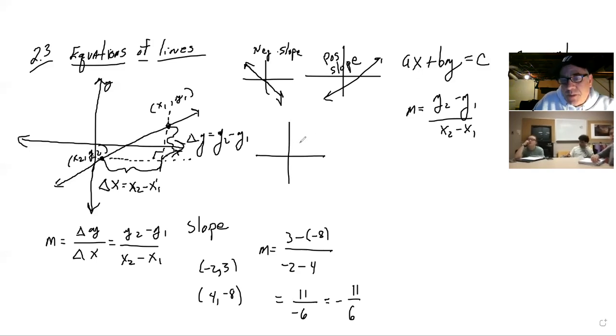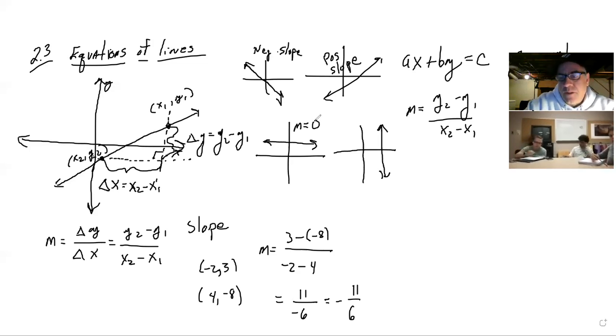So two other possibilities for lines, slopes, quick drawings, but could be horizontal, could be vertical. Now, in this case, if you have a horizontal line, it will have a slope of 0.